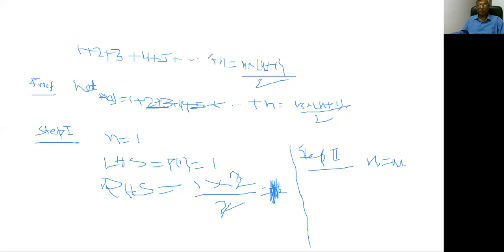Then, considering it true for n is equal to m, you put m here: 1 plus 2 plus 3 plus dot, m, is equal to m into (m plus 1) divided by 2.